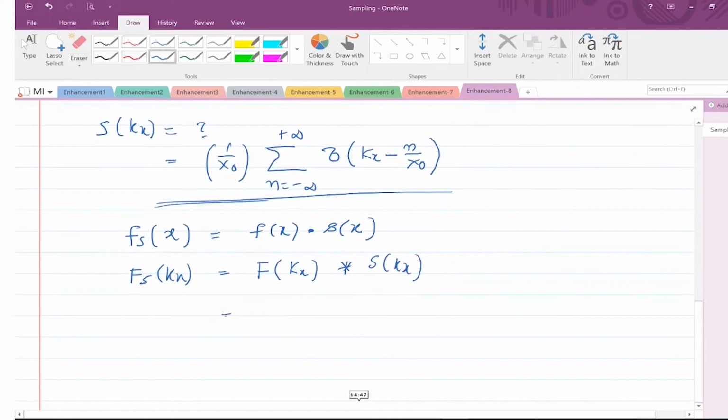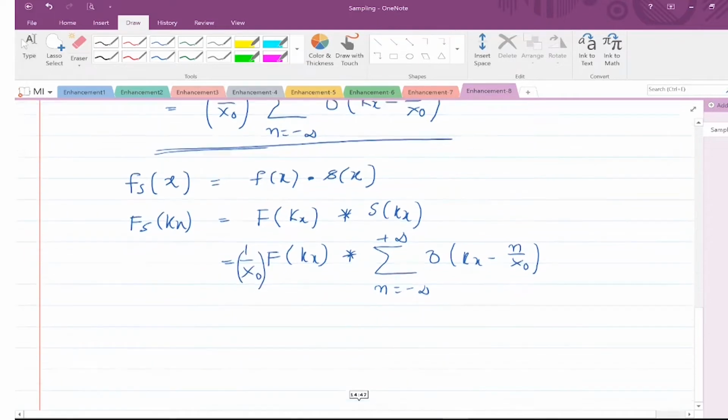Now I could write it as f of kx convolved with the summation of n varying from minus infinity to plus infinity of delta of kx minus n by x naught. And of course there is a multiplication factor here, which let me write it here.